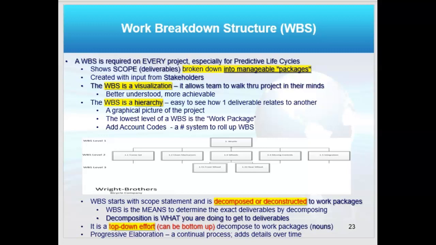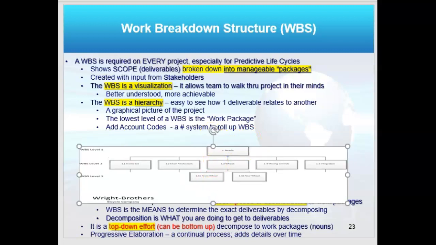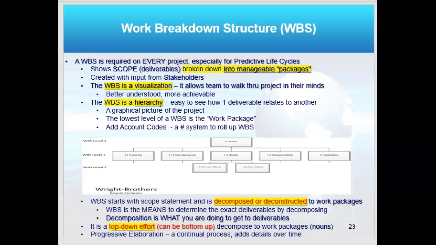It's a good visual product. It offers us a hierarchy, right, which is easy to see deliverables develop. And so we get there by starting with the scope statement at the top and decomposing it along the way. Okay? It's generally a top-down effort, though it can be bottom-up also.